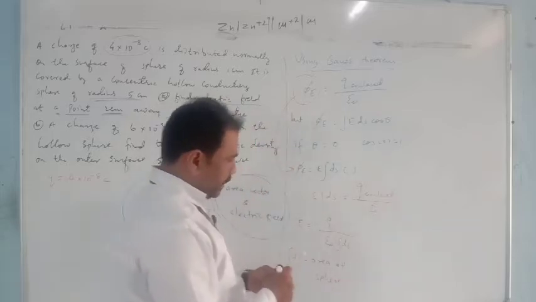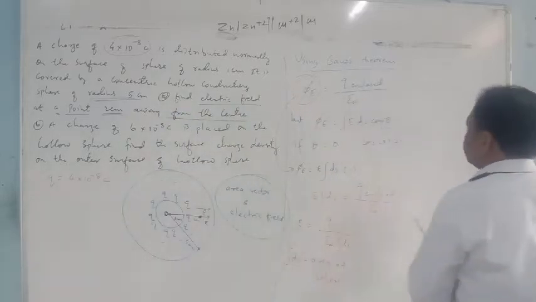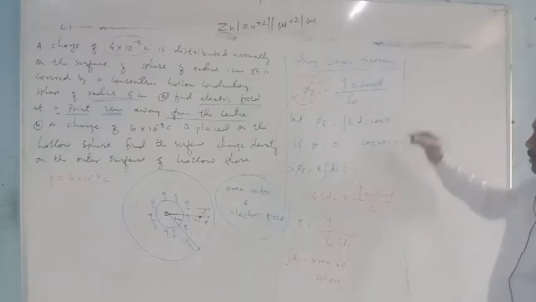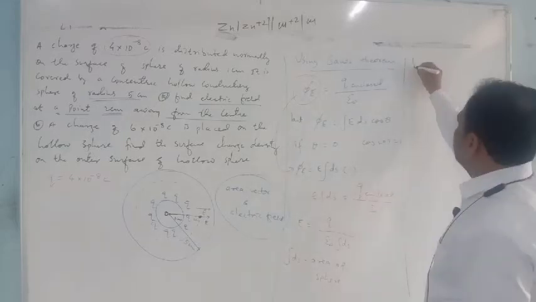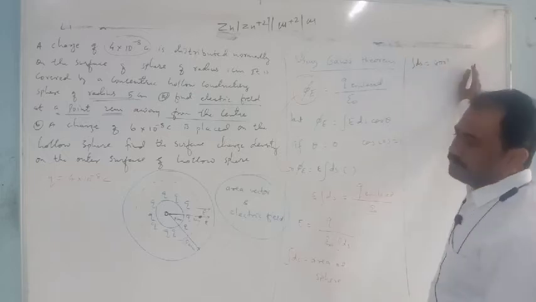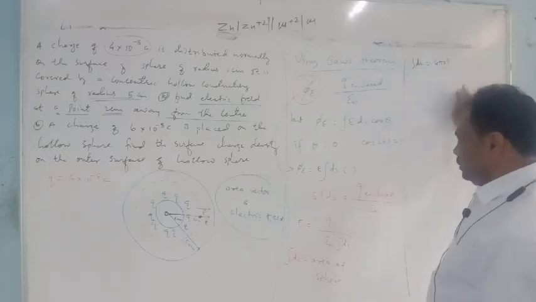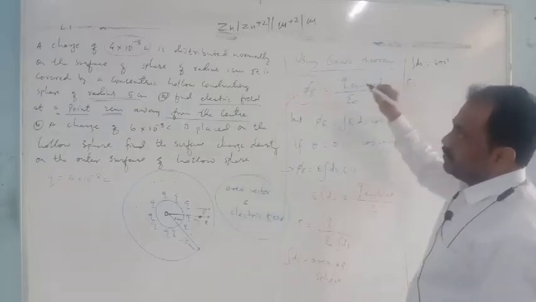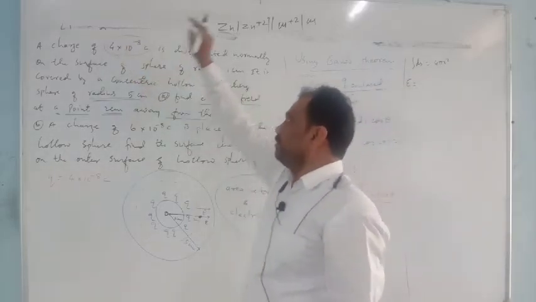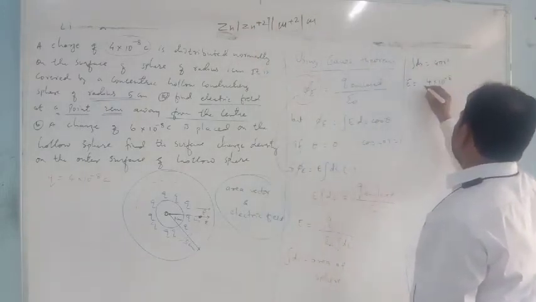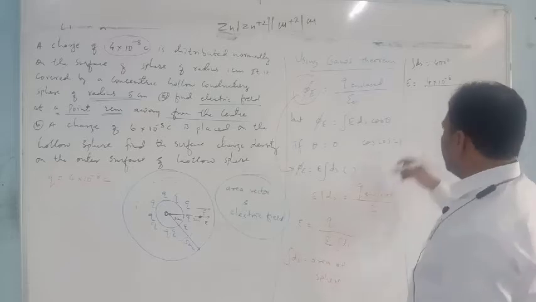What is the area of a sphere? The area of a sphere is 4 pi r square. Okay, so now we can put E is equal to Q upon epsilon naught into 4 pi r square. What is Q? Q is given, that is 4 into 10 to the power minus 8.